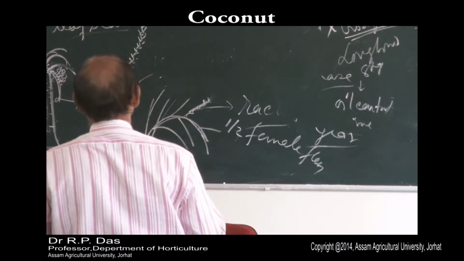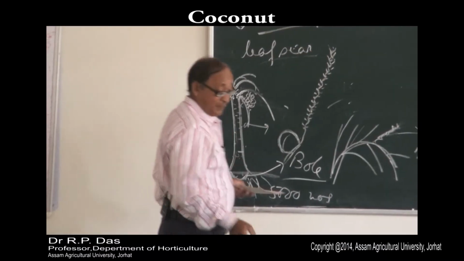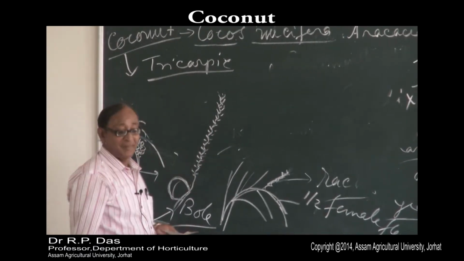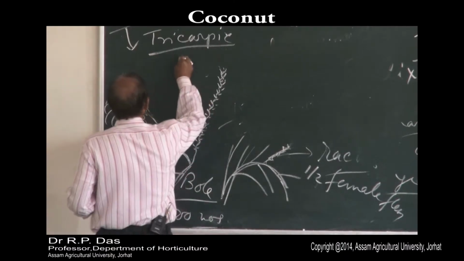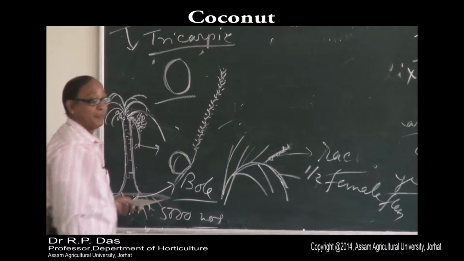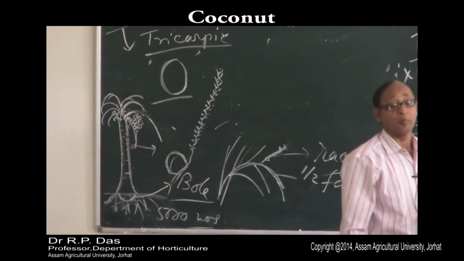The artificial cold drinks which are available in the market, what is the nutritive value? Coca-Cola, Mirinda, Thums Up. What is the nutritive value? It is a big zero. Nutritive value of the Mirinda, Coca-Cola is a big zero.